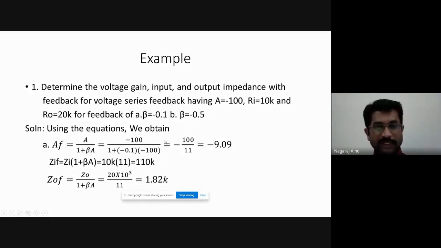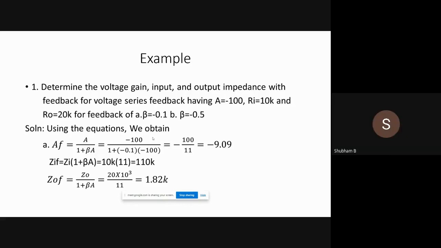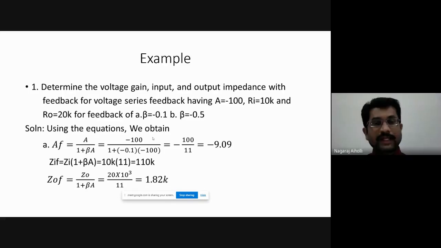A value is given, it is minus 100, divided by 1 plus beta value, minus 0.1, into A value, minus 100. Simplify this and tell me how much you are getting. Did you all note down the example? Note down the example and we'll solve it. So minus 9.09.